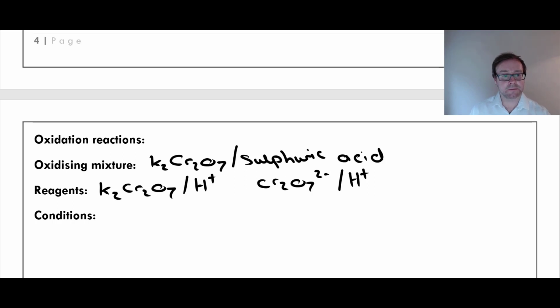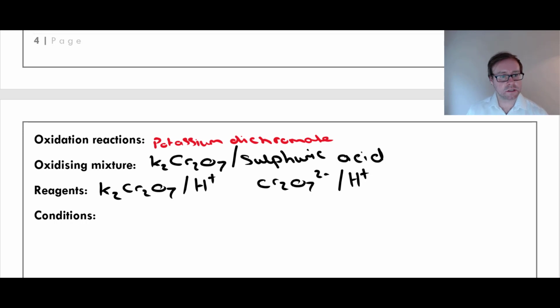So this is potassium dichromate plus sulfuric acid. I'll write that out. And these are all the different ways you may see it written. The potassium has been removed here because it's a spectator ion, it doesn't do anything.